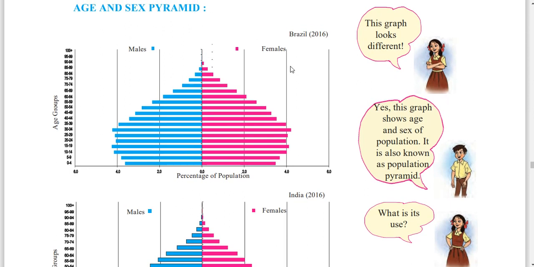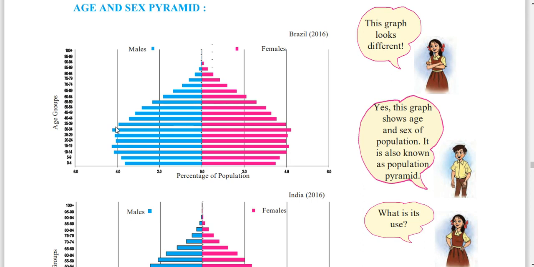Age and sex pyramid. Percentage of population: 0, 2%, 4%, on both sides. This is for males and this is for females. This is for Brazil 2016. Here we can see that with increase in age, the male population also increases.